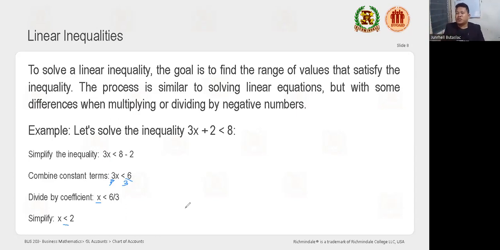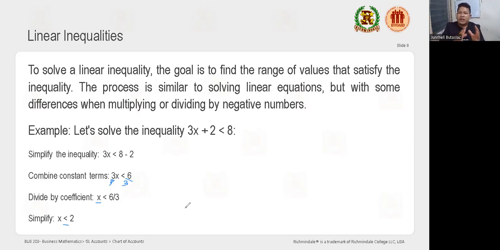Let's say, for example, you use the 0, 0 point of the coordinate plane. If the statement later on is true, then the shaded region is where the 0, 0 is located.